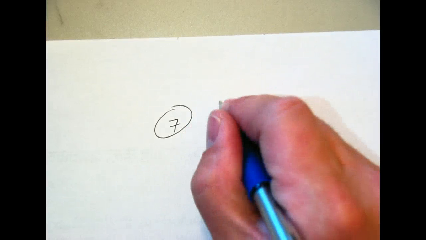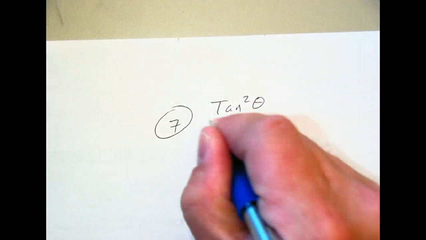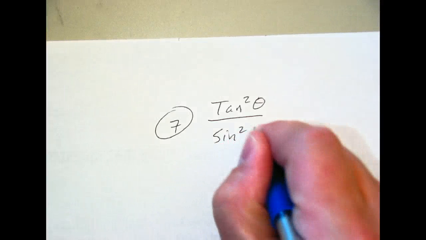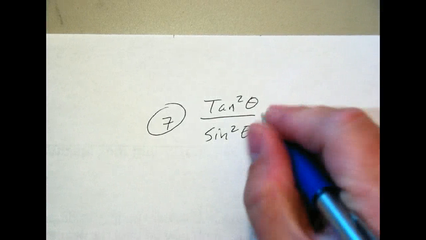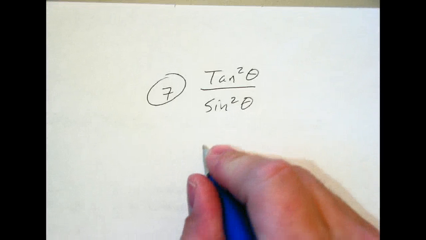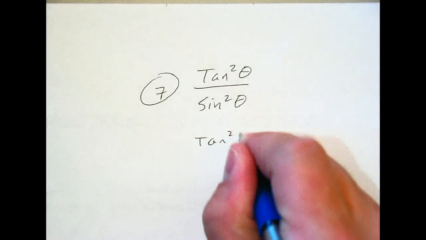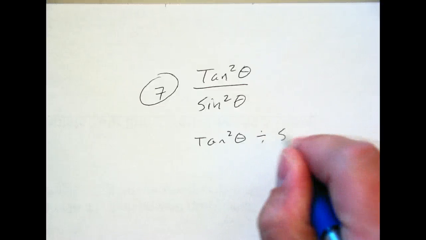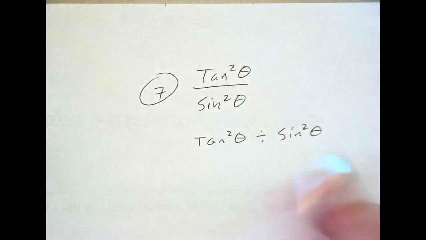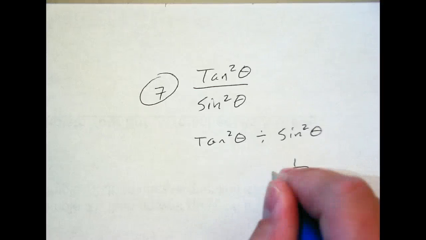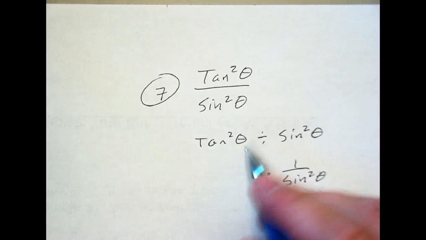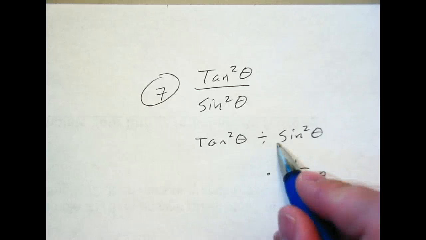All right, 7 is tan squared theta over sine squared theta. One way to think of it, once again, if you want to follow those same guidelines we've been doing before, write it like this. And I hope you start getting in the habit of saying I'm dividing by sine squared theta, which really means that's 1 over sine squared theta. When I flip it, I'm multiplying by the reciprocal, right?